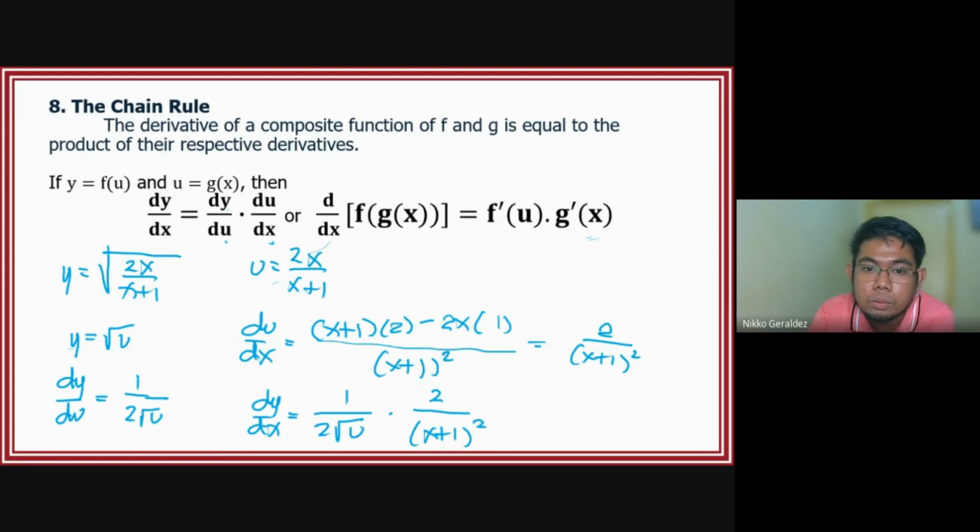So, what is u? So, 1 over 2 times square root of 2x over x plus 1, times 2 over x plus 1 squared.